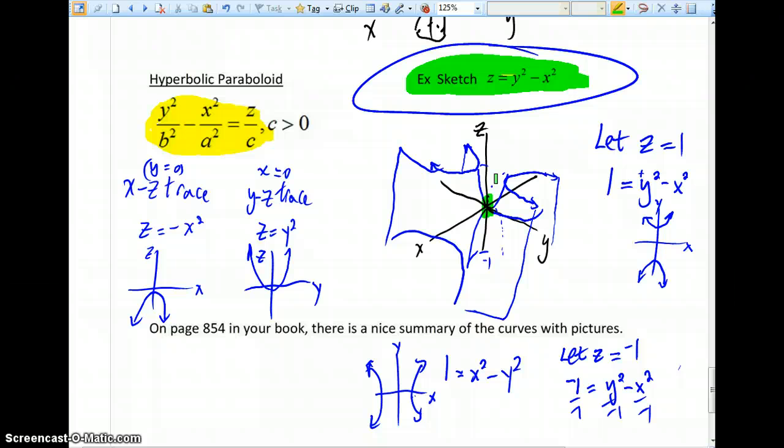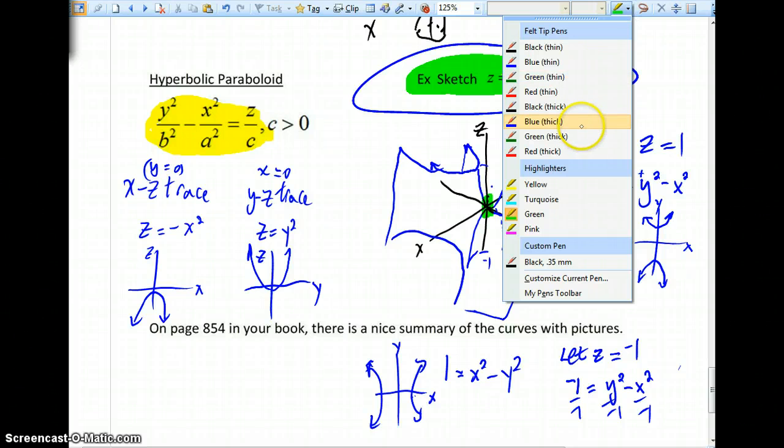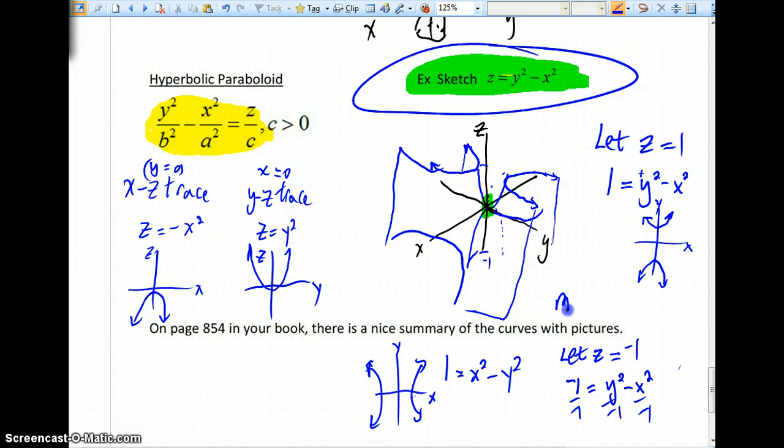Take a look at the origin 0, 0, 0. This is what we would call a minimax point, and it's one of the most famous features of the saddle type of graph. In fact, it's called a saddle point, and our book will even refer to that.